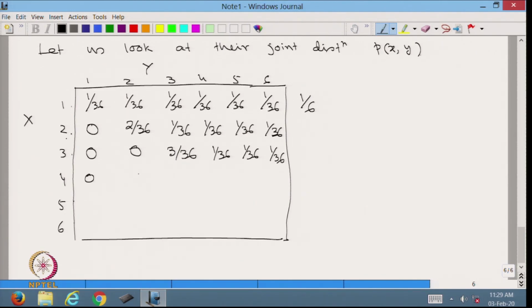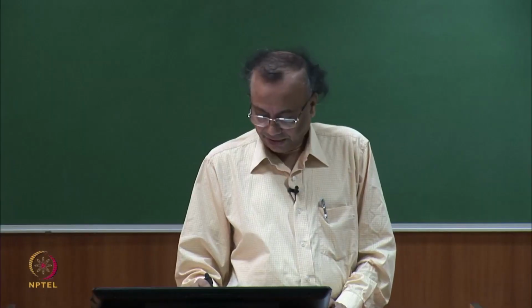Convince yourself that these probabilities will come out like this. X is 5 and Y anything less than 4 is not possible, but Y can be 5 when X1 is any of 1, 2, 3, 4, 5.